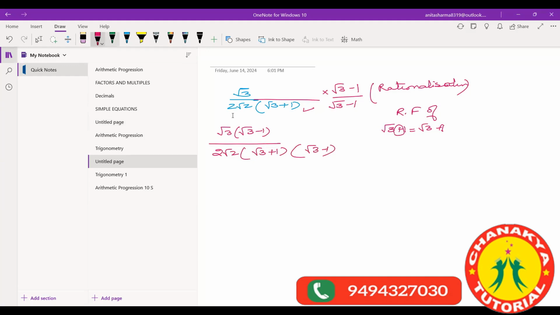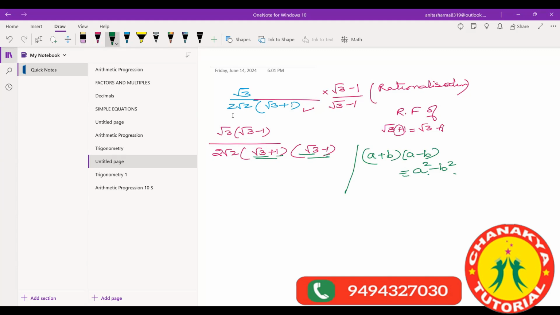Now we have this identity: a plus b and a minus b is equal to a square minus b square. Children, if you observe, here root 3 is the same in both, and 1 and 1, only there is a difference of sign, plus and minus. So you will apply this identity a square minus b square.